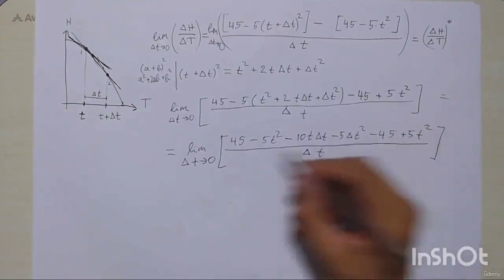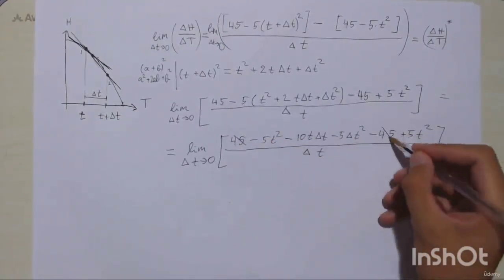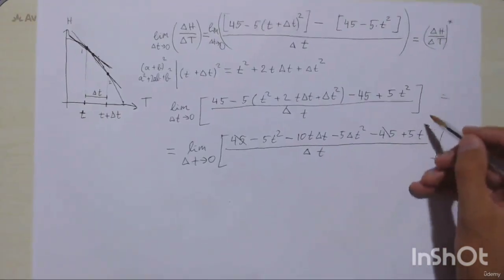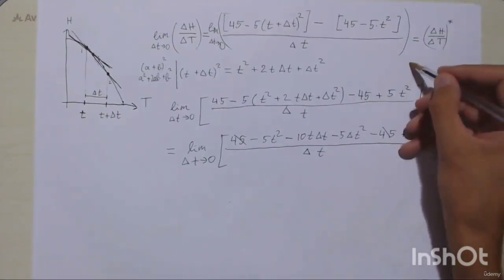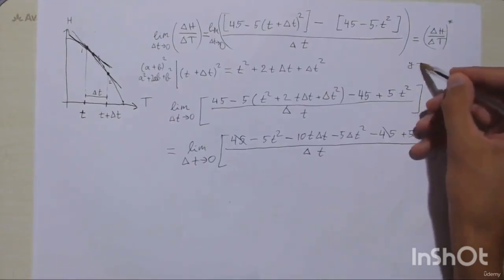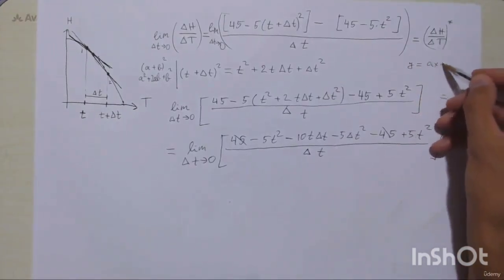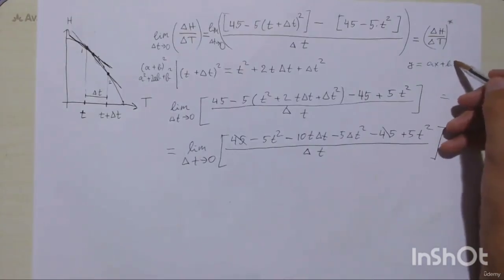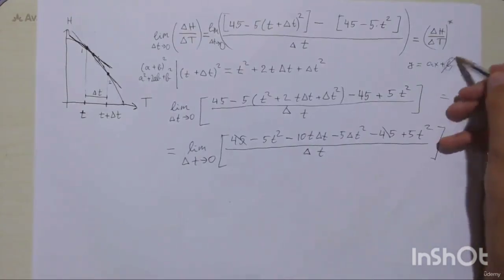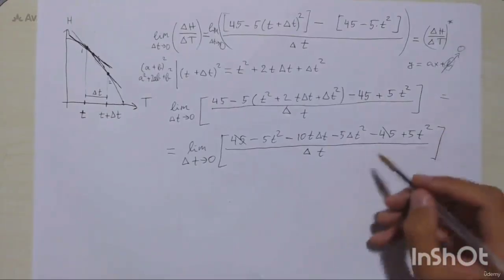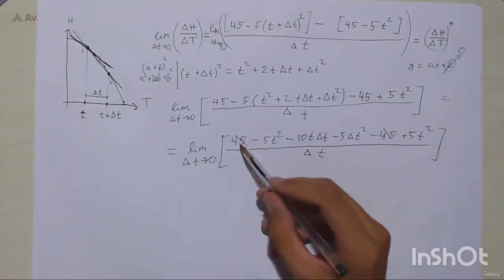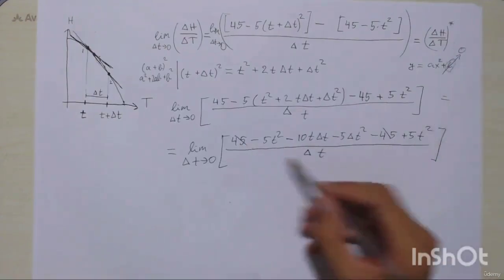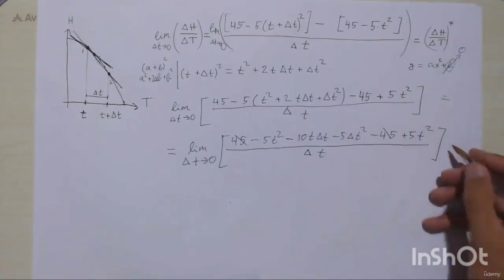Now we can cancel out 45s, and you see from the derivatives later on from the rules, you will see that if you take a derivative of a constant, so if you have some kind of function y equals ax plus b and you take the derivative, then when you take a derivative of a constant, then it would become 0, and that's why it becomes 0. 45, which was our constant, our b, so our b would cancel out like this.